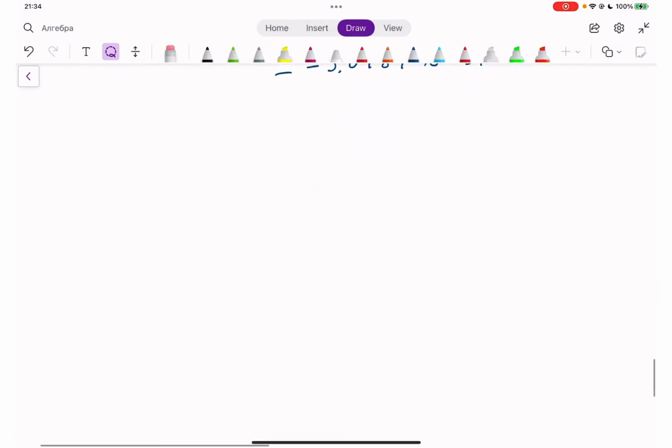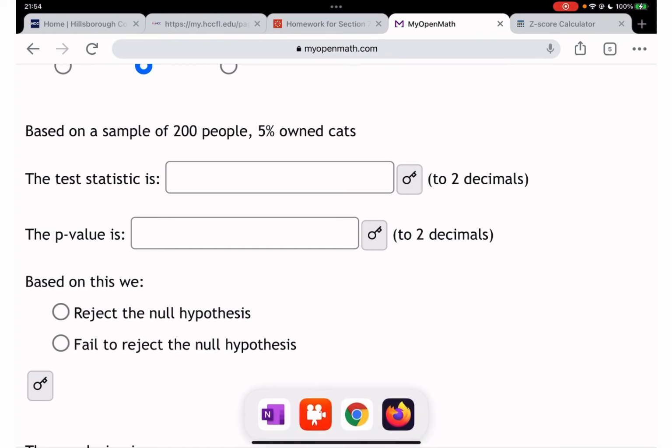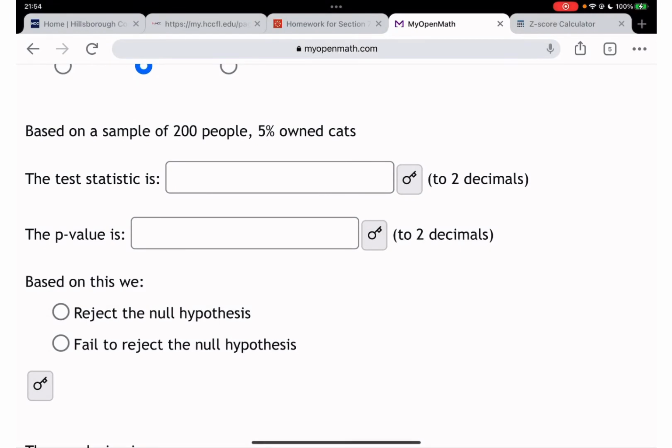So sample size 200 and probability is equal to 5%, yes? Yes, 5% own a cat, which is going to be 0.05.